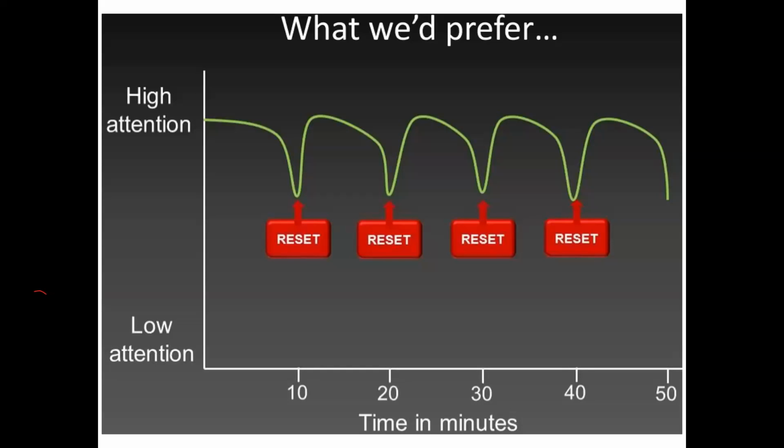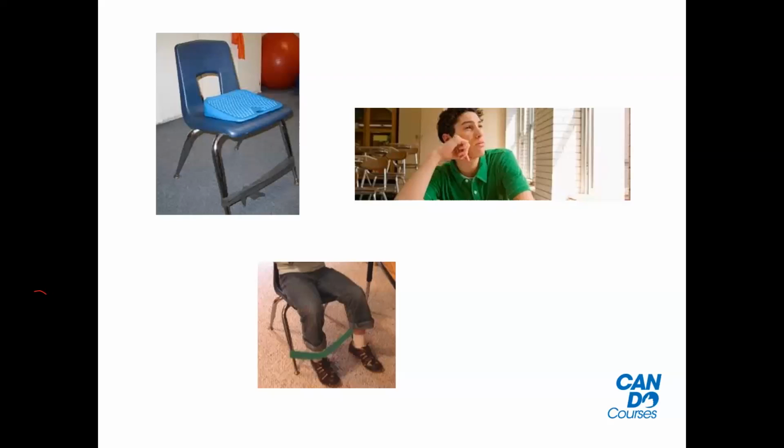And there's lots of ways you can provide reset. I'm going to give you a couple of examples, but before I launch into that, I want to show you some of these. I don't know if you've managed to adapt in this way, but this top left picture here has what they call a wiggle cushion, and it's got little nodules on it. So particularly youngsters who move about a lot, it sends a little sensory experience to the person and they feel re-engaged.